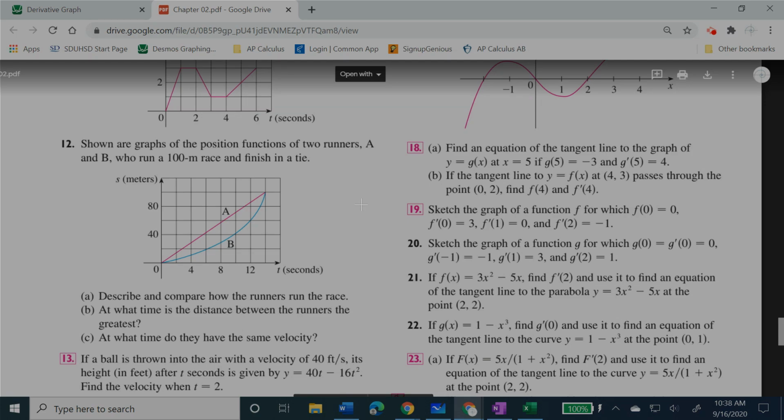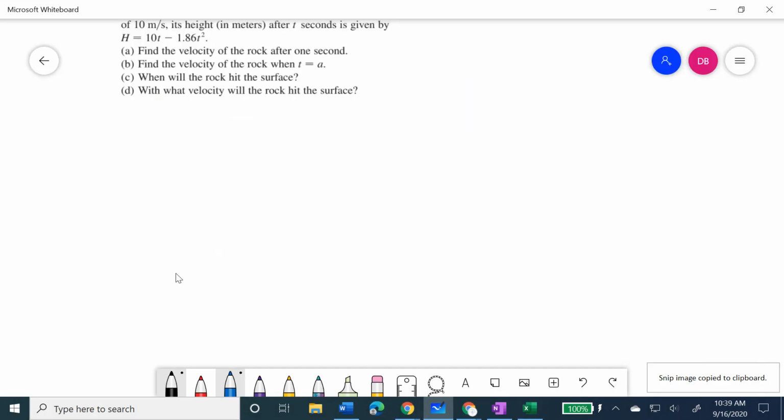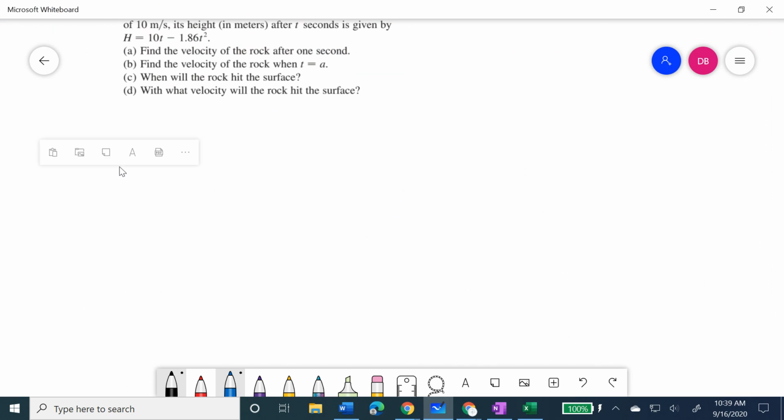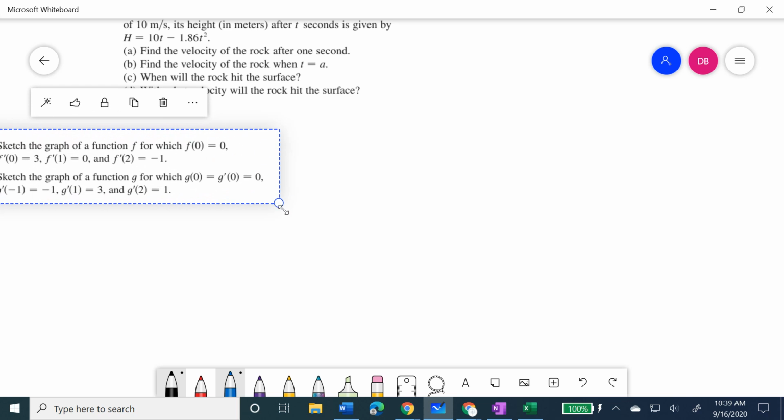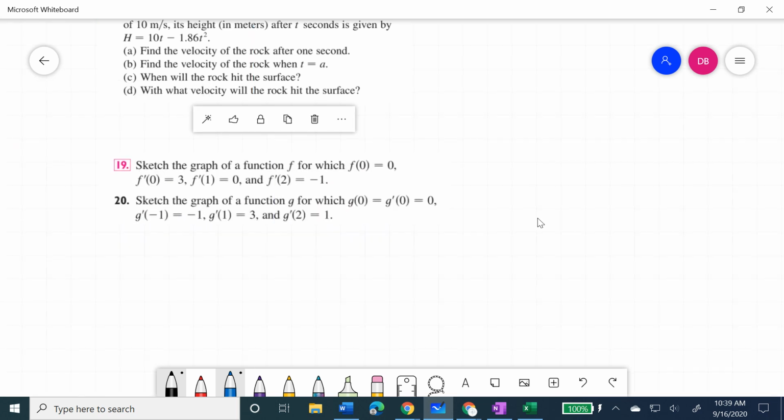Print screen. Copy. I'll start with 19 unless somebody says they know that they want 20 more than that.